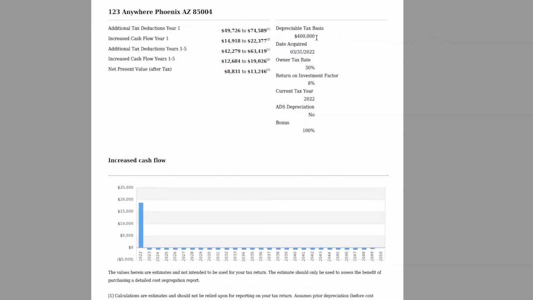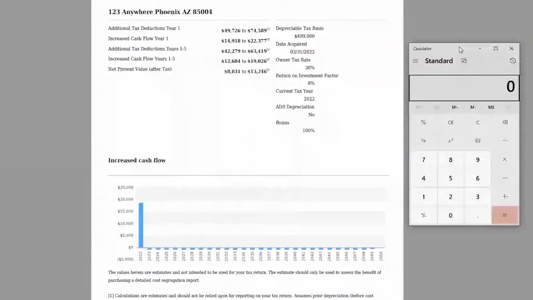Okay. But essentially, what this report is showing is on $400,000, it's estimated that you'd get between $50,000 and $75,000 of additional first-year tax deductions. Okay, so let's do some math on that.